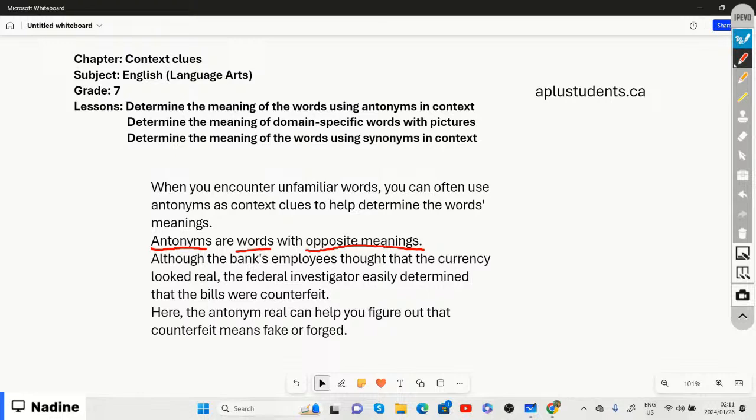All right. So we said that when it comes to context clues, there will always be unfamiliar words.